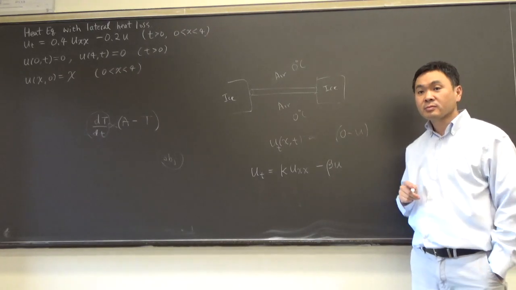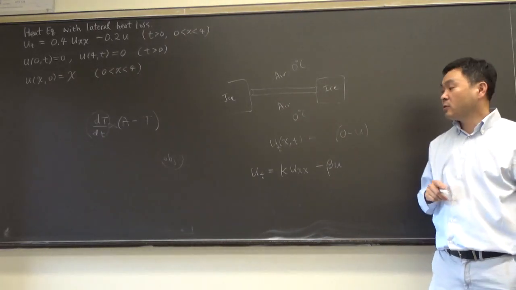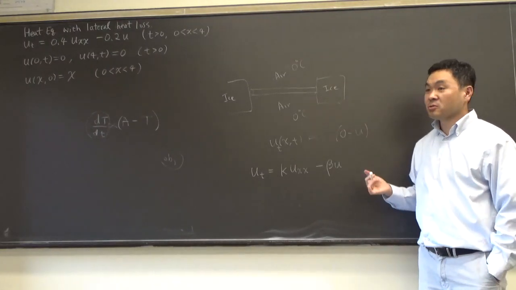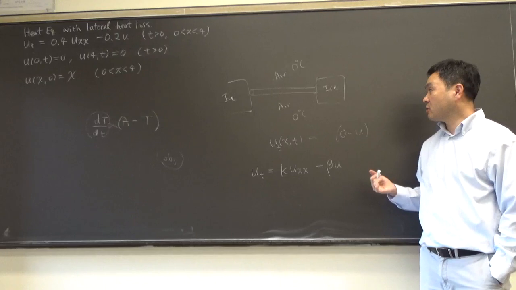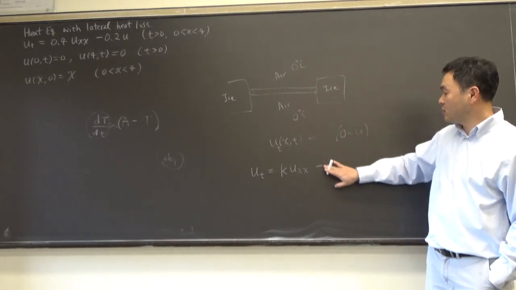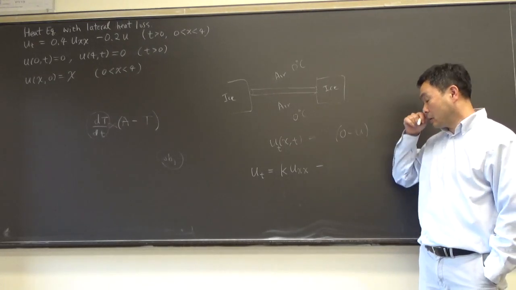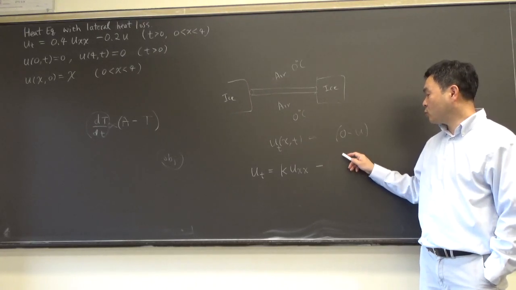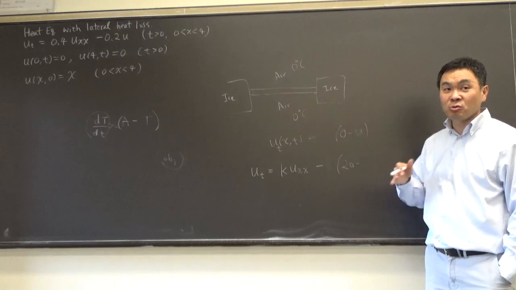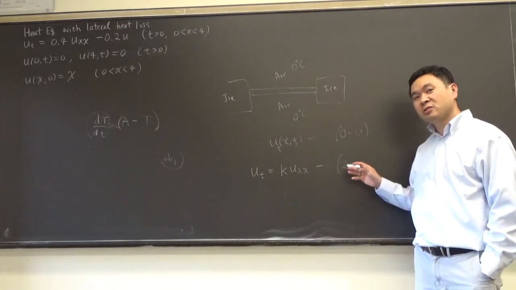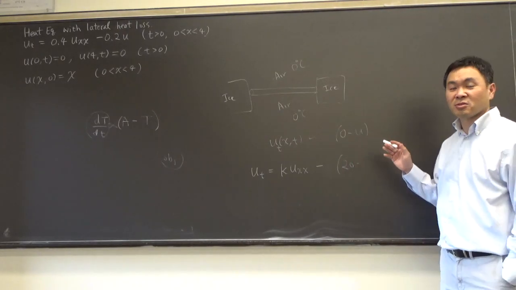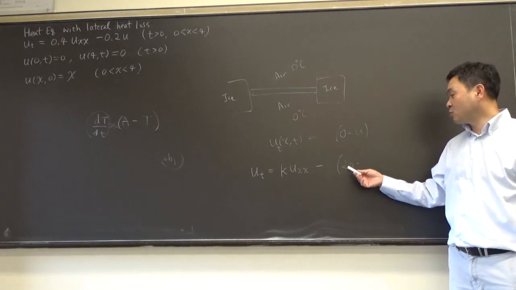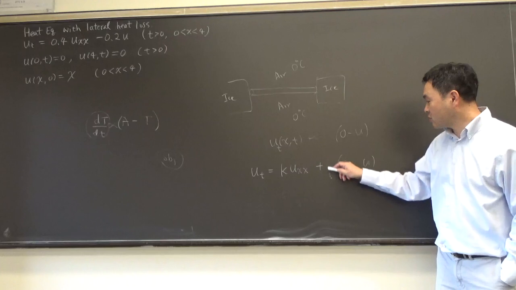Okay. Now, if you leave this iron bar not in a 0 degrees Celsius environment, but say in 20 degrees, that's the usual room temperature, which I think is something like 70 degrees Fahrenheit, okay, so you do 20 minus u and then plus beta.